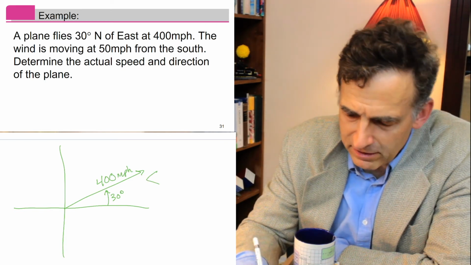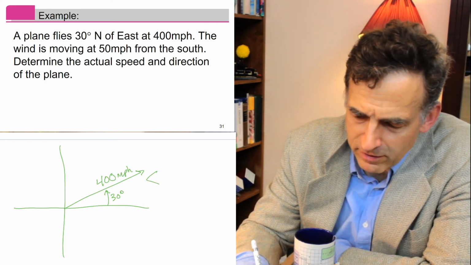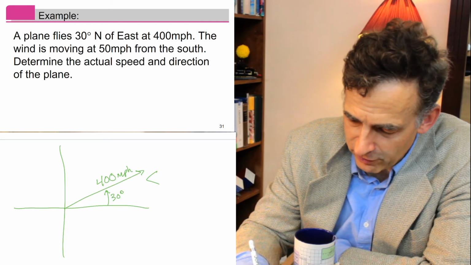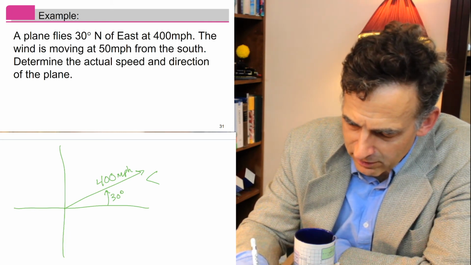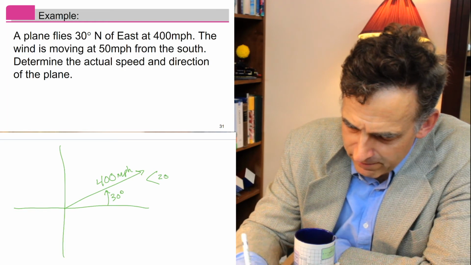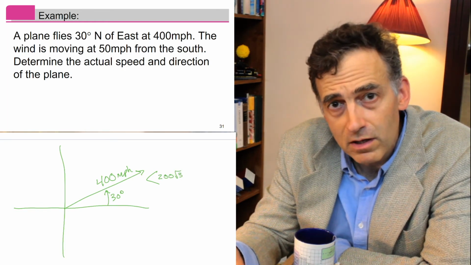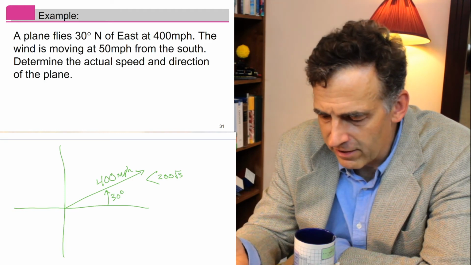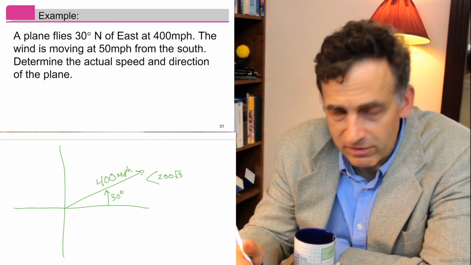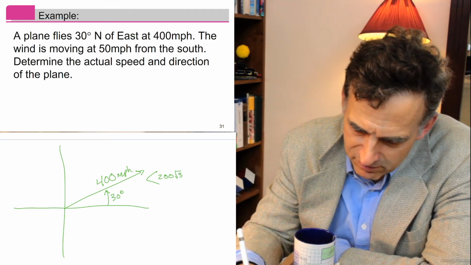So this plane is going to be 400 times the cosine of 30 degrees, which is 200 radical 3. Cosine of 30 is radical 3 over 2. So if you did this on your calculator, you'd get 200 times 1.732, whatever that is.